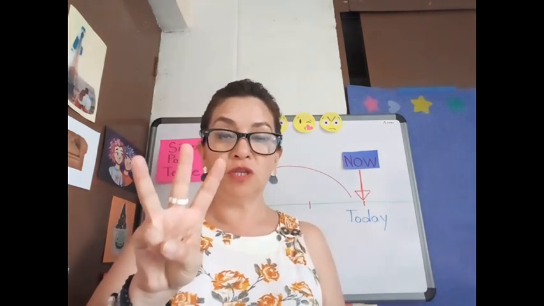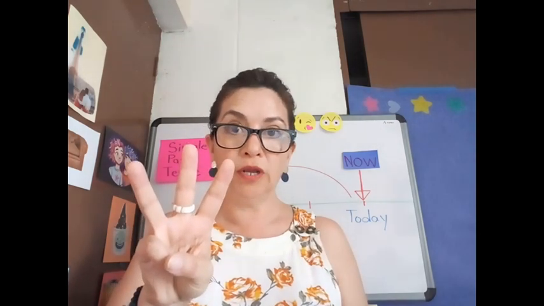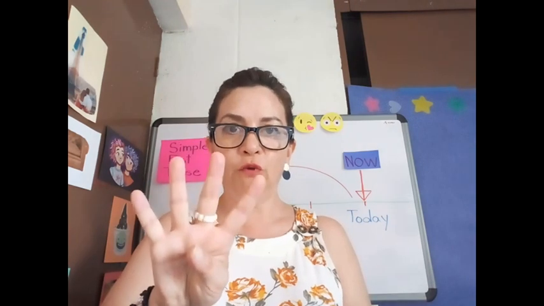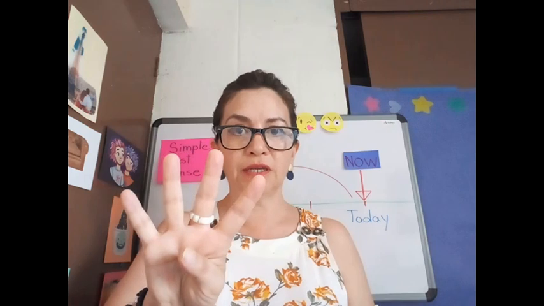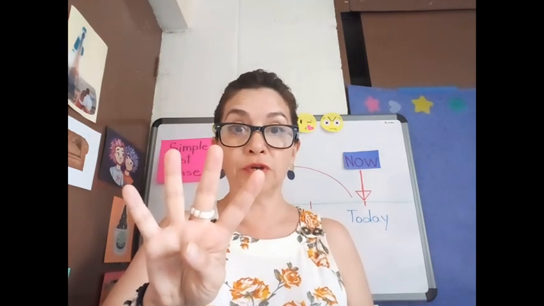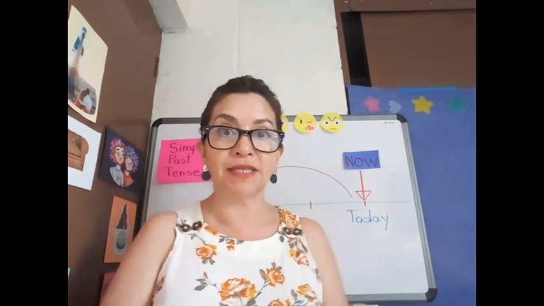It is not important if the action happened yesterday or in 1955. The duration of this action is not important, but it is important to say in the simple past tense when this action happened. We use the simple past to talk about things that we know when they happened.